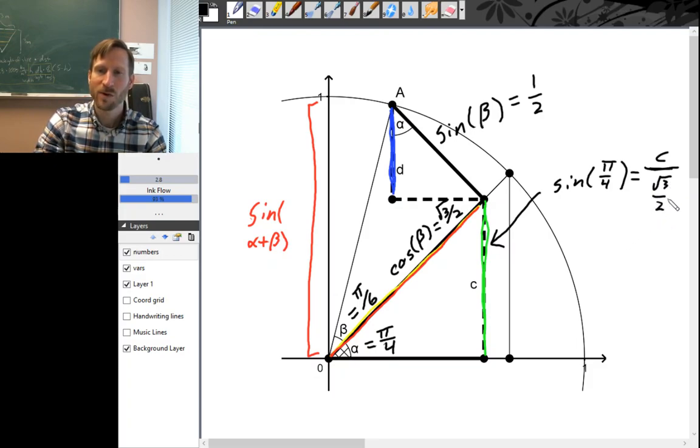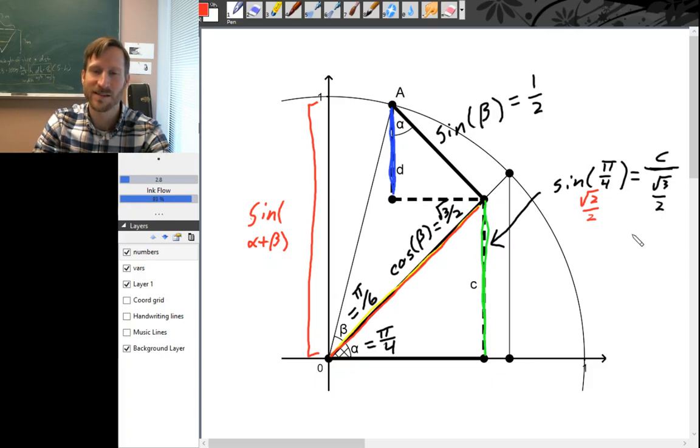Okay, and before we solve this, sine pi over 4, we know that one, that's root 2 over 2. Okay, so multiplying both sides of this by, what are we going to have to multiply by? Root 3 over 2, I guess.